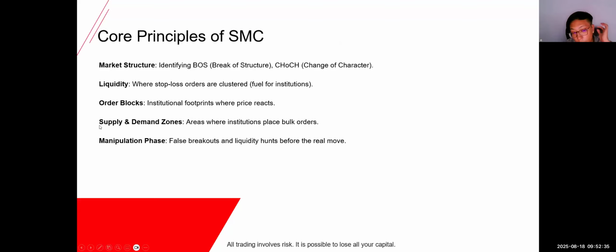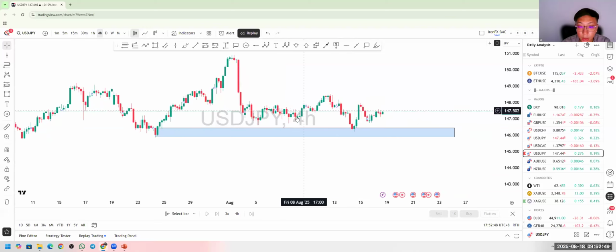Then after that, we also have something a little bit more complicated, which is your manipulation phase. So we have our false breakouts and liquidity hunts before the real move. Okay. So this is basically, let me see.